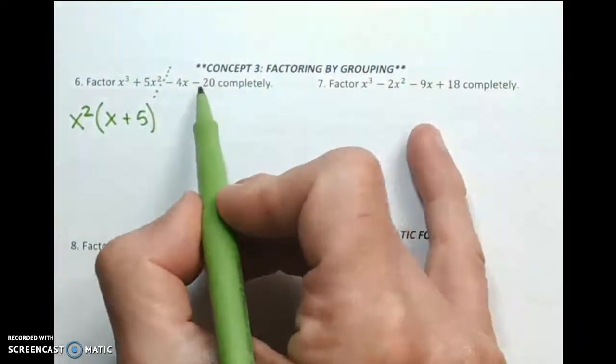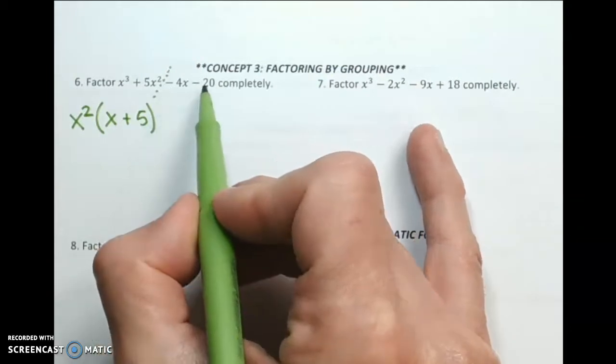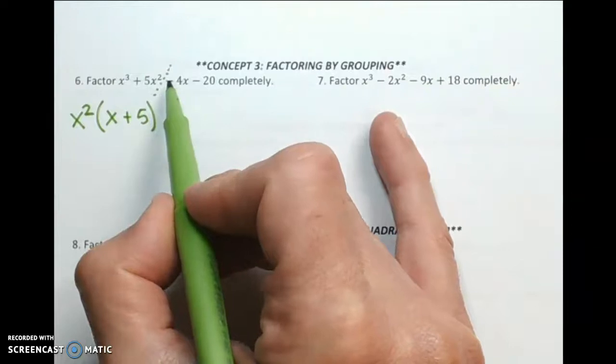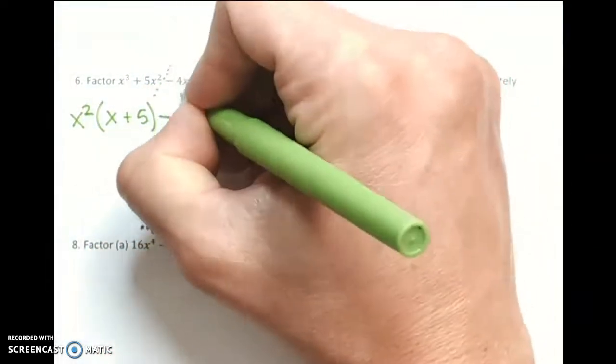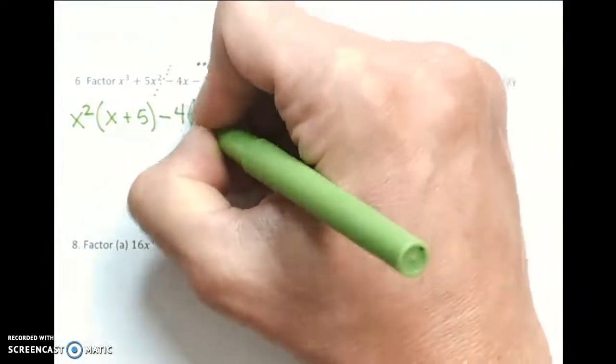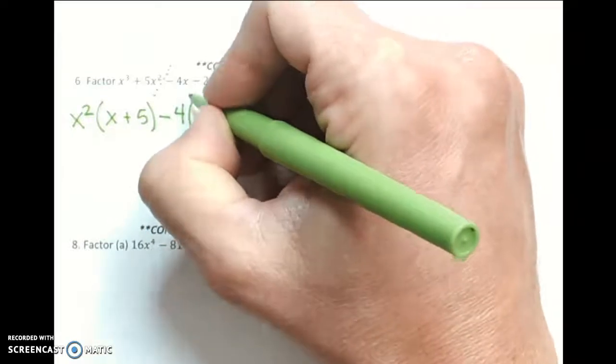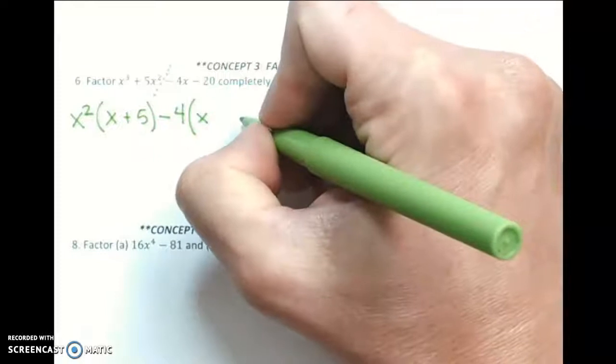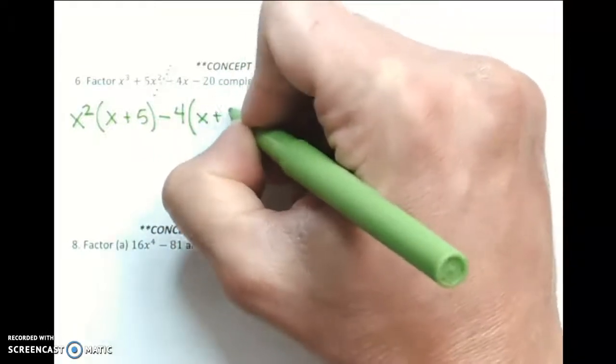Over here, my greatest common factor actually is negative 4. And whatever that sign is right there, you need to pull that out. So I'm going to pull out the negative, and 4 goes into 4x and 20. Negative 4 times what is negative 4x? X. Negative 4 times what is negative 20? Positive 5.